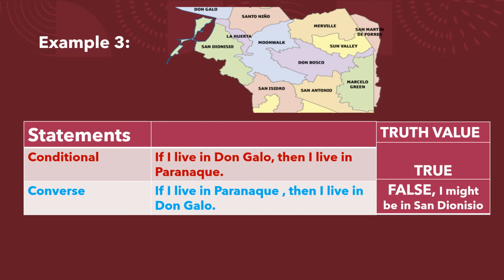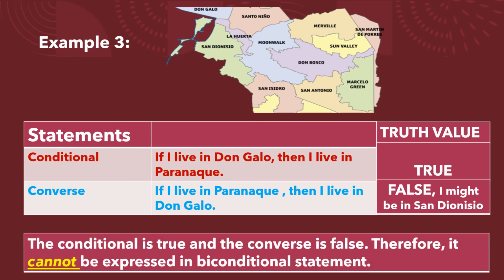You're right, it's false. Yes, it's true that if I live in Dongalo, then I live in Parañaque, but I might also be in San Dionisio or in La Huerta, so it's not always true. And because we did not meet the two conditions, one is true, one is false, then we cannot make a biconditional statement.